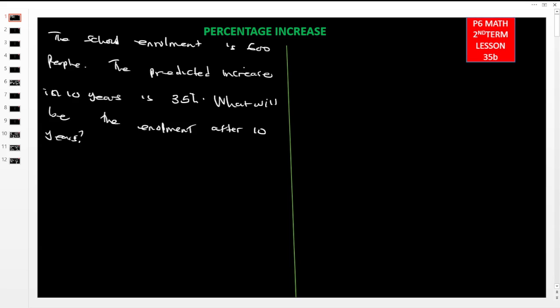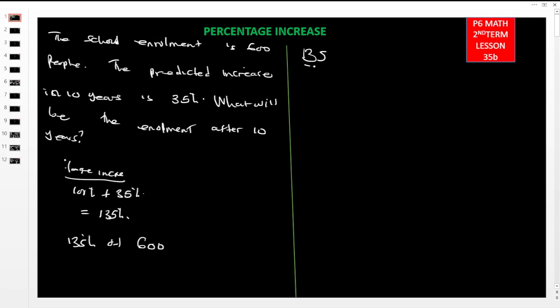Okay, so after 10 years, we just get the percentage increase here. In 10 years it will move from 100%, then they add on 35%, which gives us 135%. So 135% of the enrollment, that was 600. This is 135 out of 100 times 600 learners.